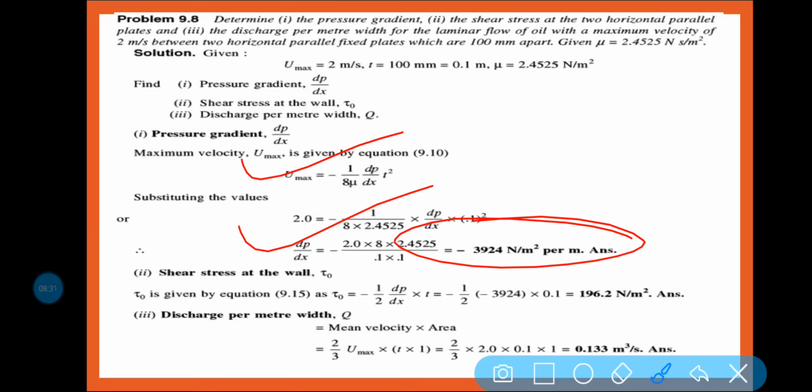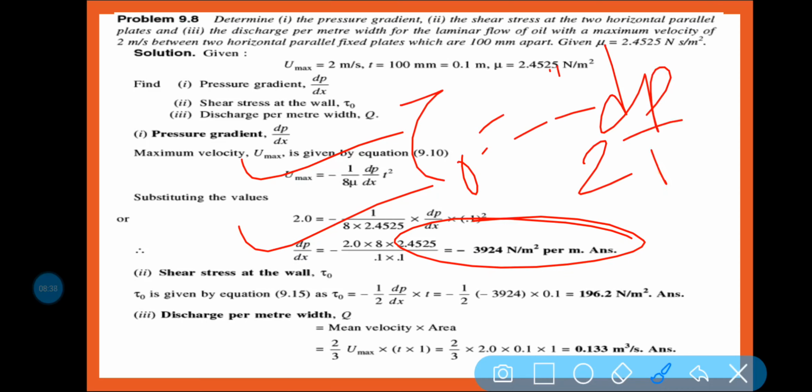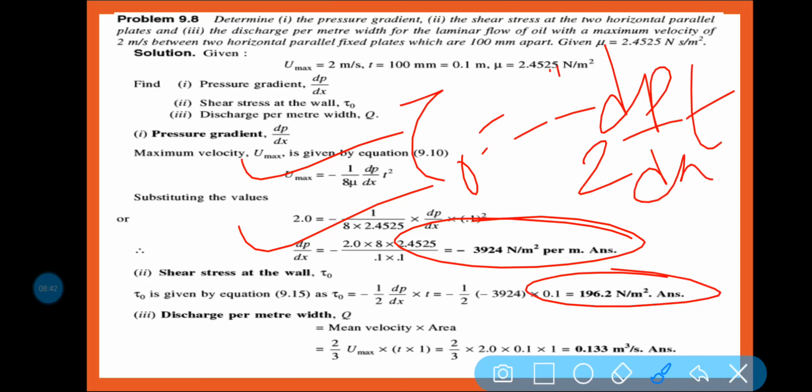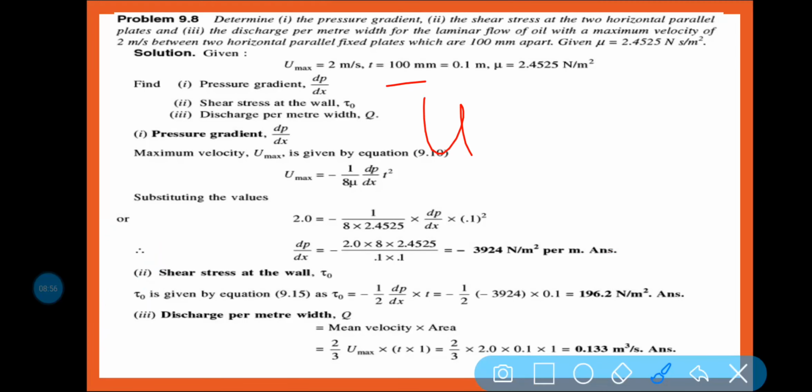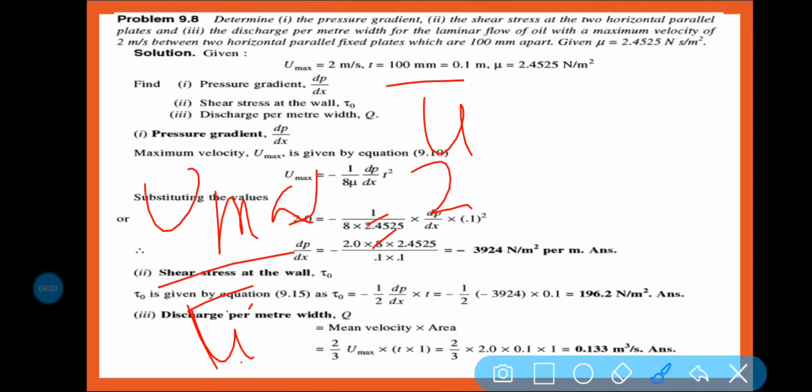Shear stress, you know that there is a formula, tau naught is equal to minus half of dp by dx into t. Put all the values, you will be getting the shear stress 196.2 Newton per meter square. Again discharge is equal to mean velocity into area. What is the mean velocity? Mean velocity is u bar, and we know that u max by u bar is equal to 3 by 2.